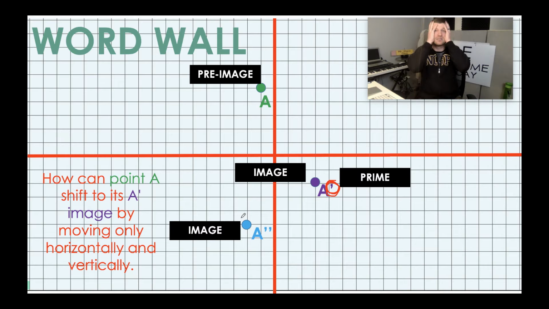But the original image was this one, and then we moved it to here. So the pre-image, then this became the image. And now since we're moving this, we're gonna make this our pre-image and make this our image. Not confusing at all. So since that's a little bit of overload, I think it's simpler if we just stick with A prime, and A double prime, or 2 apostrophes.